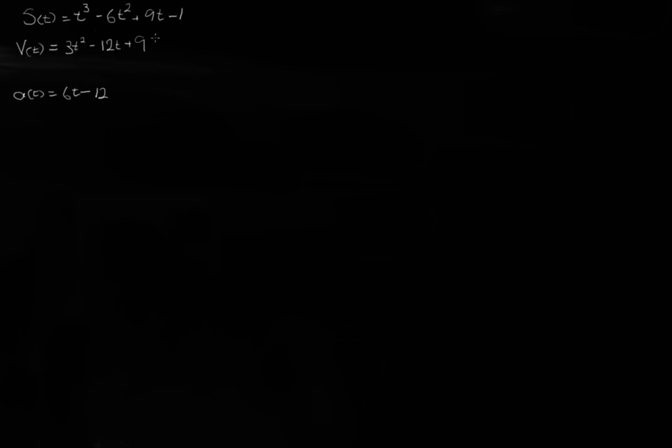Can this be simplified? Well, we can take out a factor of 3 and we'll get left with t squared minus 4t plus 3. Now this can be factorized, so let's do that. So we're going to have two numbers that multiply together to get 3.